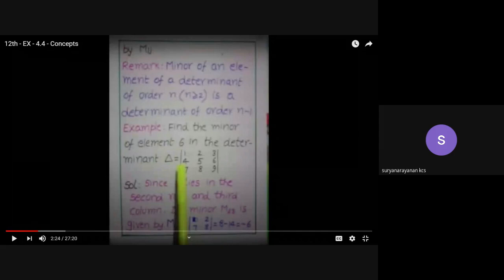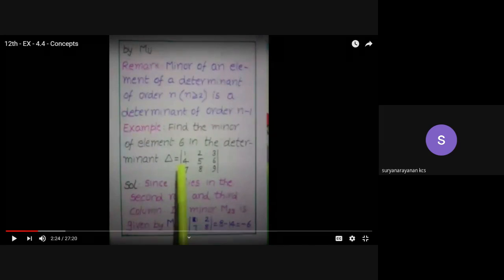Tell me the position of the element 8. Can you tell me, Paul, the position of the element 8? Very good. Third row, second column element. So a 3 2.